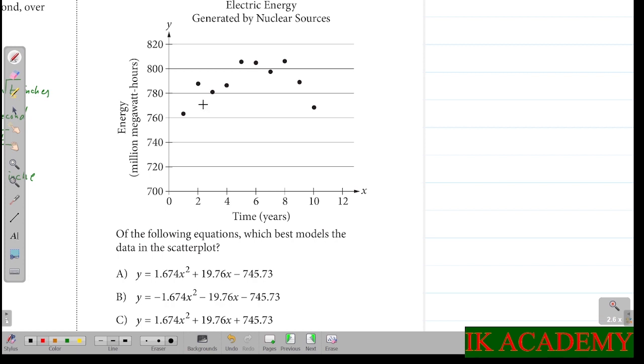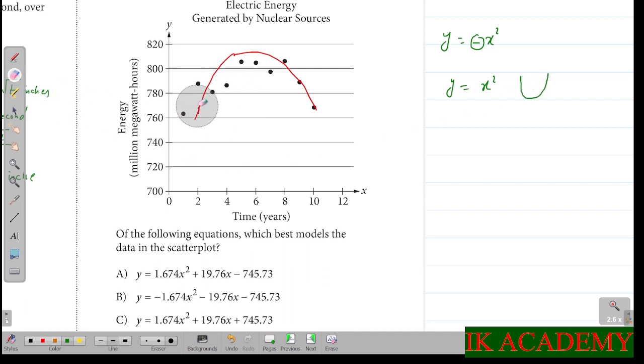First of all, if we see the behavior of the graph, it looks like a parabola which is opening downward. It means in the quadratic equation of a parabola, the coefficient of x² should be negative if the parabola is opening downward, and it should be positive if the parabola is opening upward.